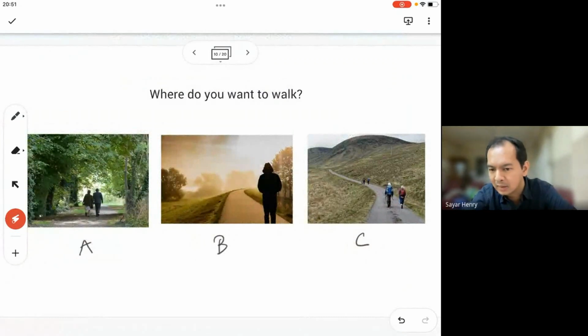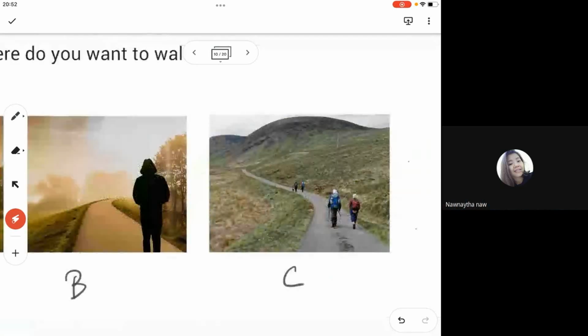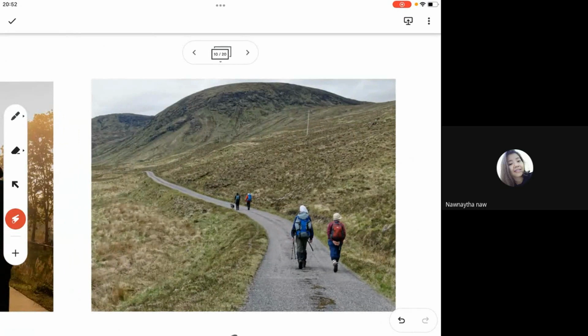Okay, let me ask Nonita. Hi. Have you made your decision? Yes, I would like to choose picture C because I have never had that kind of experience before. It's like a hill, but I think it's not so high, but you can go with your friends.